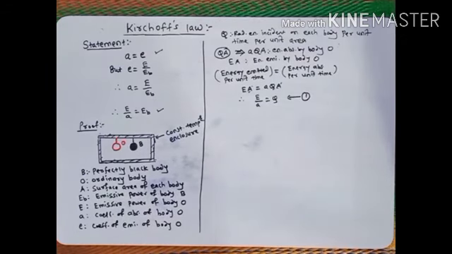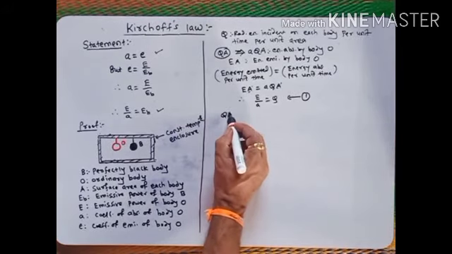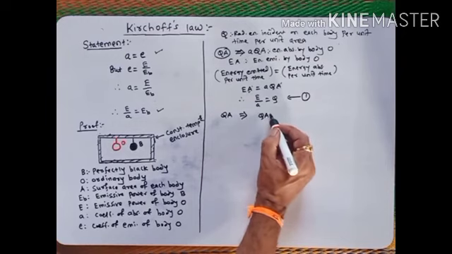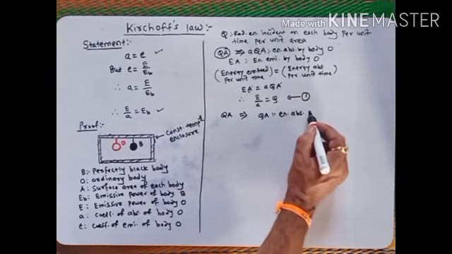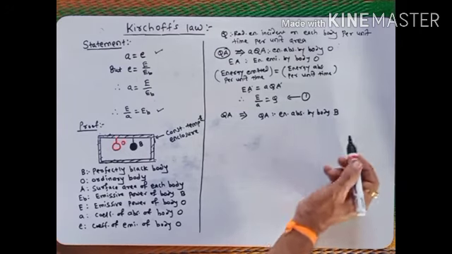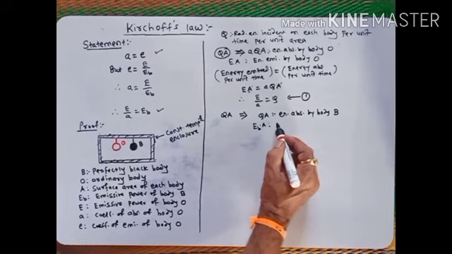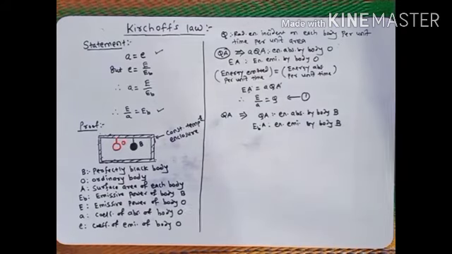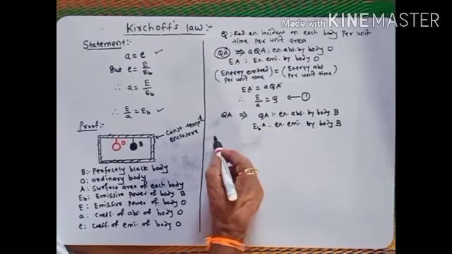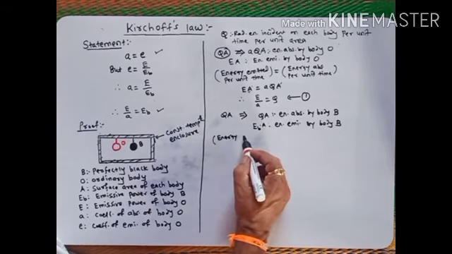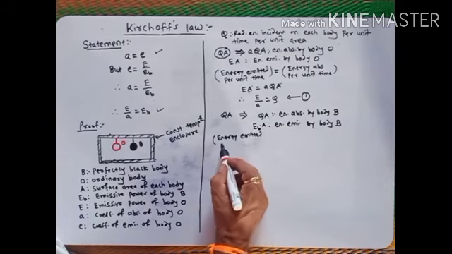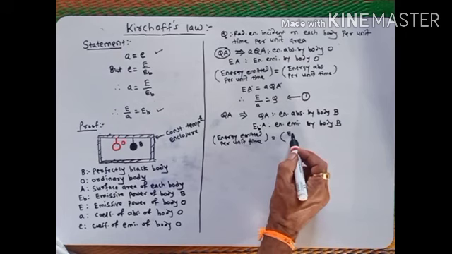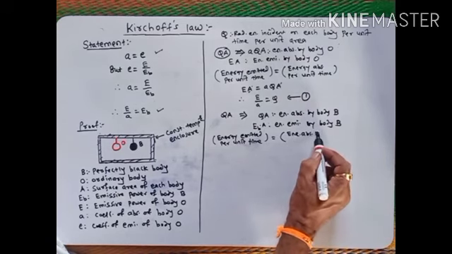Now the total energy incident on body B is also QA, and it absorbs all of this QA because it is a perfectly black body. So QA is the energy absorbed by body B and EB into A is the energy emitted by body B. Again the body is at constant temperature, therefore energy emitted per unit time is equal to energy absorbed per unit time.